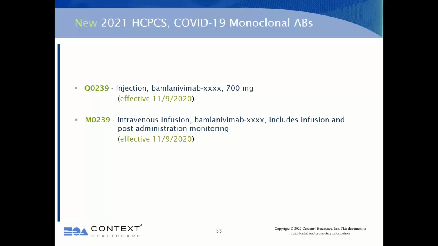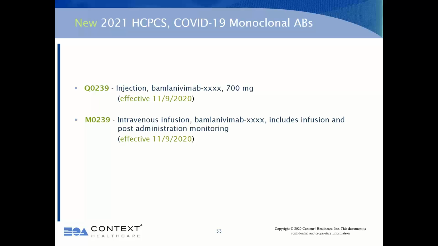Q0239 is for injection of this Eli Lilly product, and M0239 is for IV infusion of it. The EUA only approves its use in settings where providers can immediately treat a severe infusion reaction and activate EMS if needed.